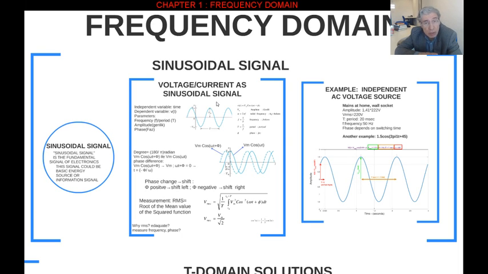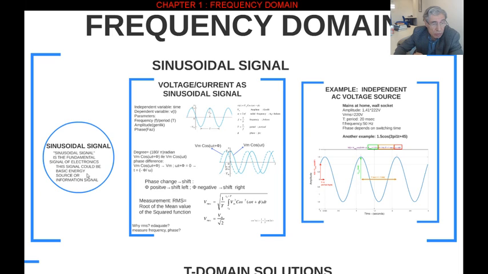So we've got to know what this sinusoidal signal is. A sinusoidal signal is, in general, a fundamental signal of electronics. So that is an important function or physical quantity that we need to know.